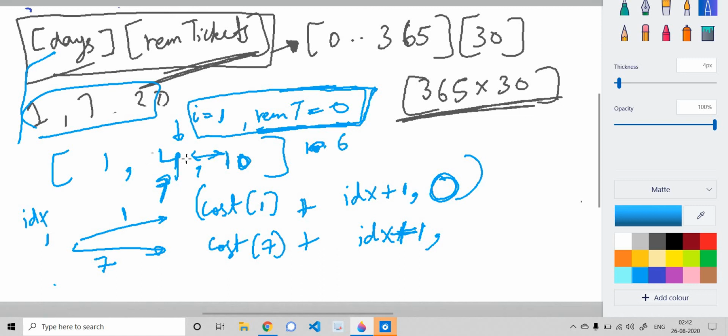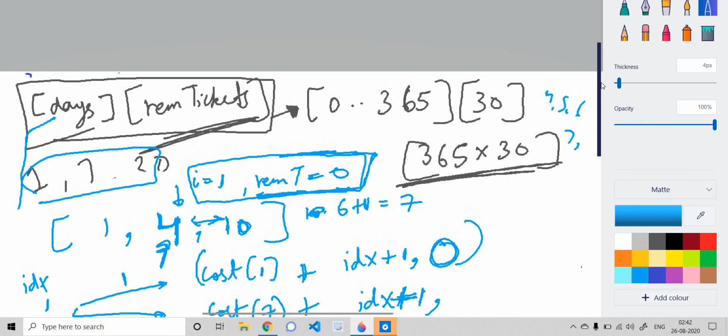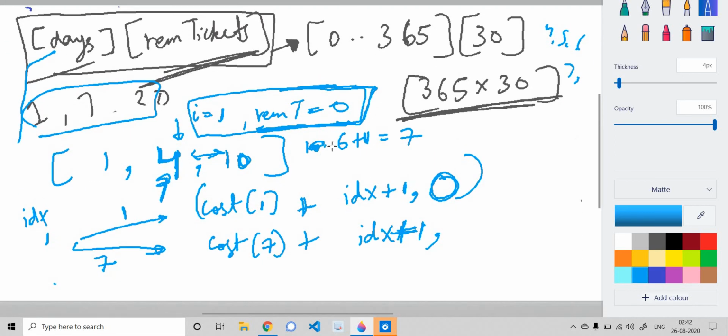And now if I include the current day 4, because I need to buy the ticket for day 4 also, then it turns out it is 7 days. Let me see, 4, 5, 6, 7, 8, 9. There are 6 days if we include 4 as well, not 7, my bad. So the gap is 6, and 6 includes 4 as well.